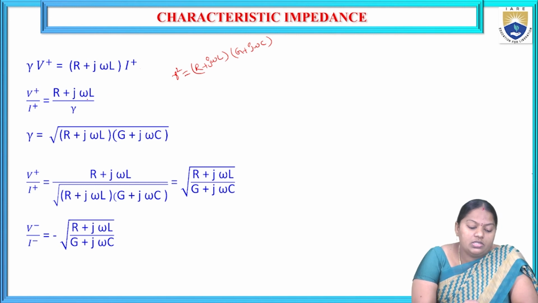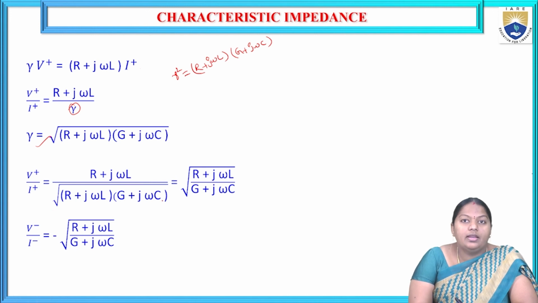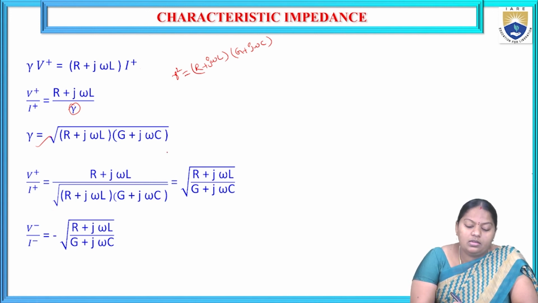From these two relations, V plus by I plus equals (R + jωL) by γ. If we substitute this γ, then V plus by I plus equals (R + jωL) divided by the square root of (R + jωL) into (G + jωC).